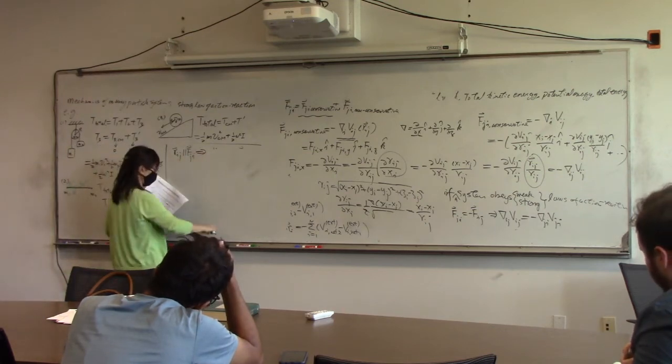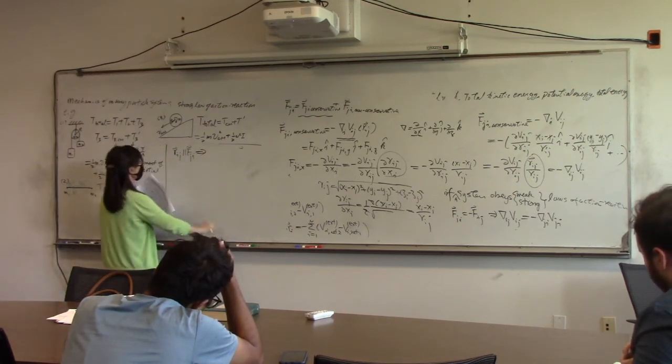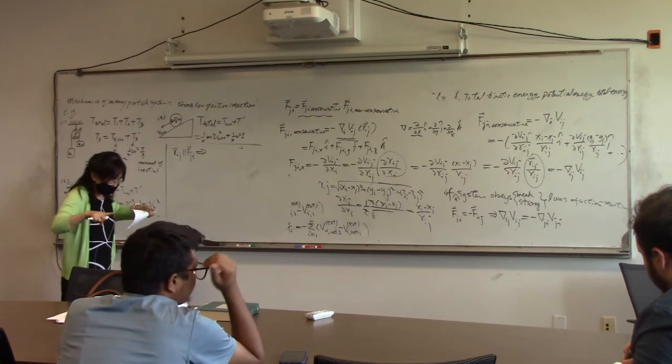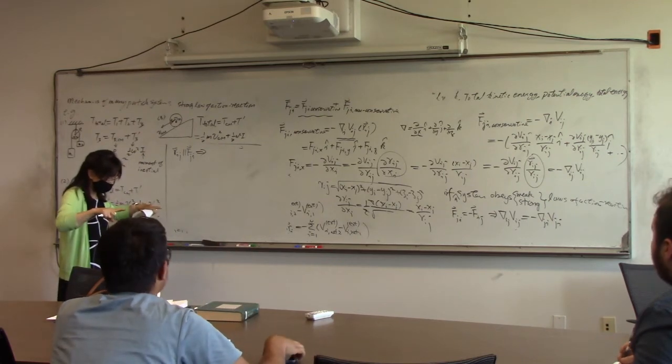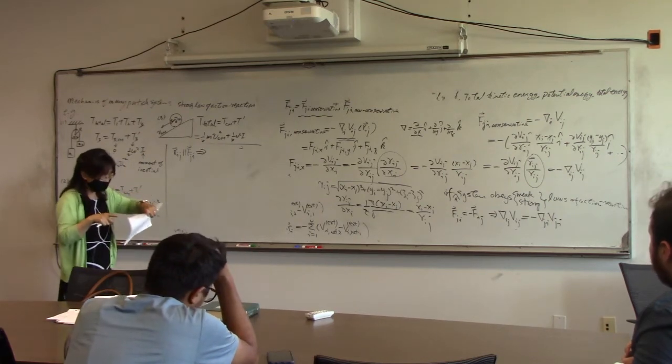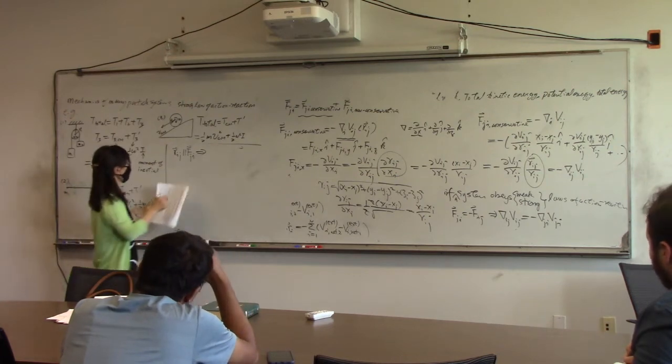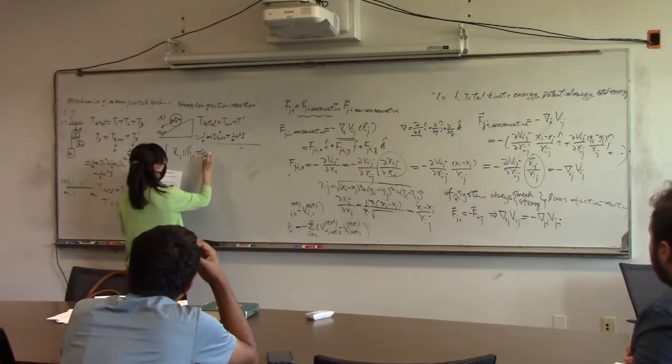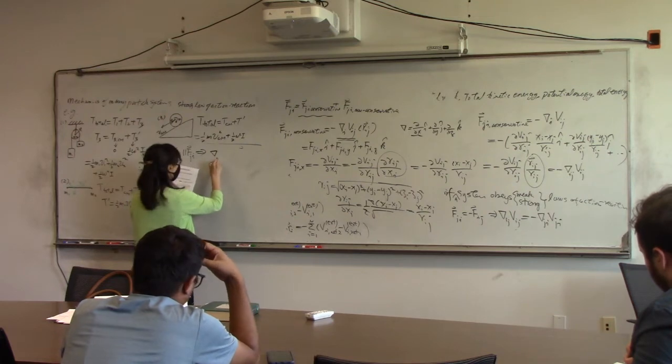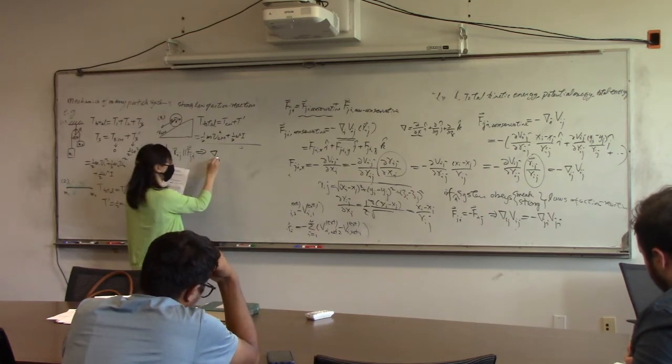That gives us what? If the force between the two particles is along the line between the two particles, Rij, then we will have the gradient, because the force is proportional to this gradient, right?